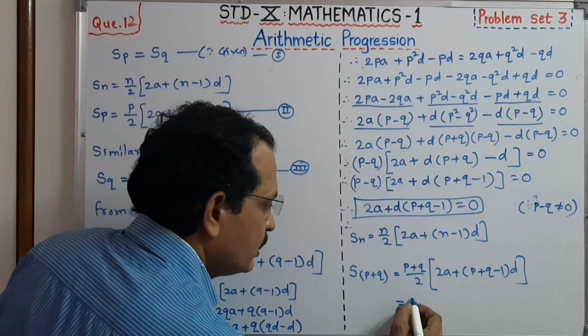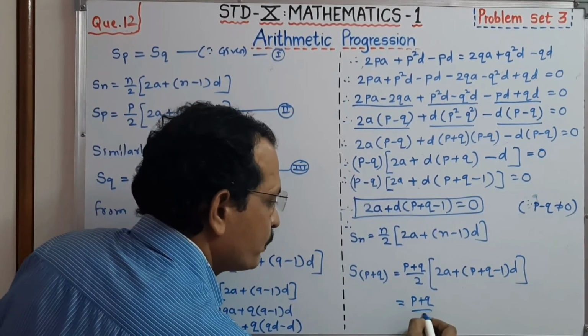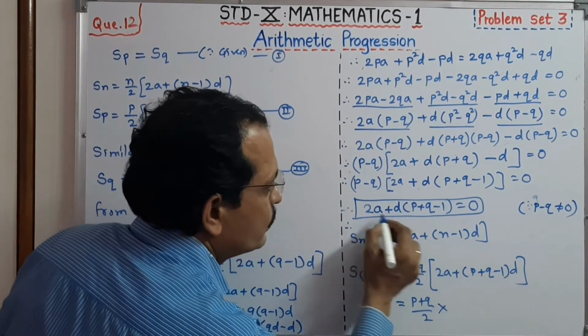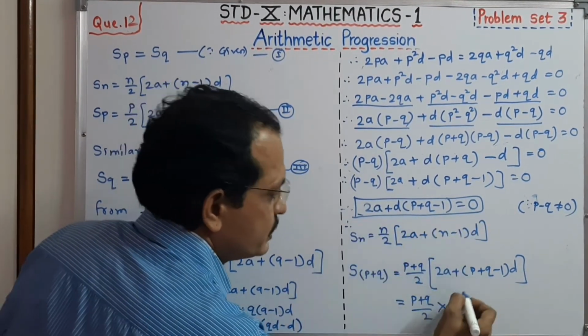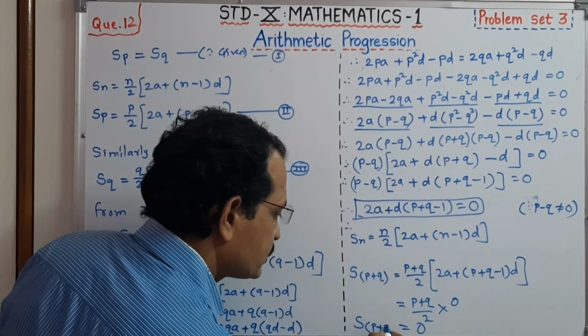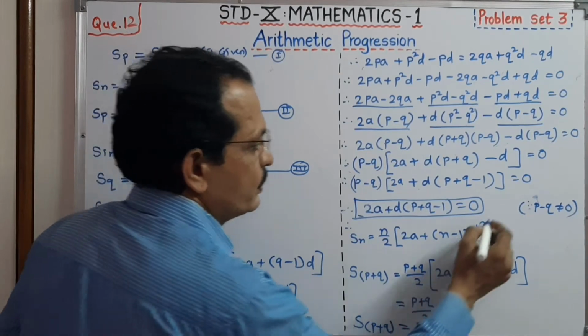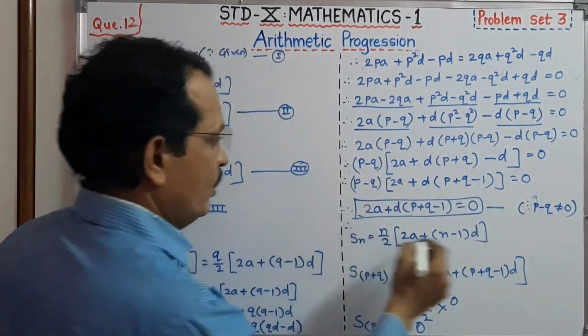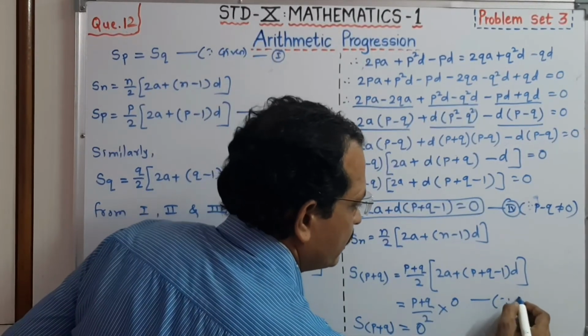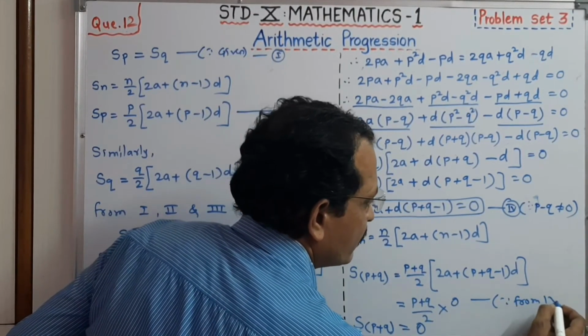Now dear student, p plus q upon 2 into 2a plus p plus q minus 1 into d is equal to 0. Therefore it is 0. Therefore Sp plus q is equal to 0. Here we can write the fourth one, and here we can write from fourth.